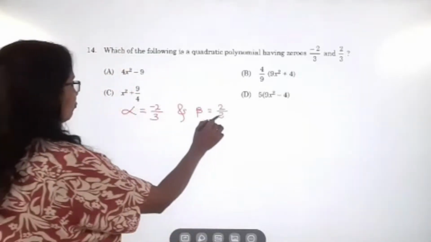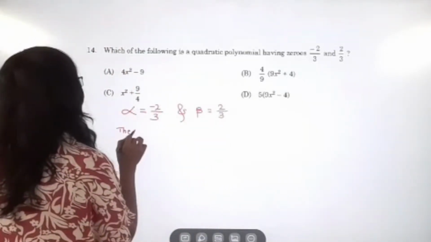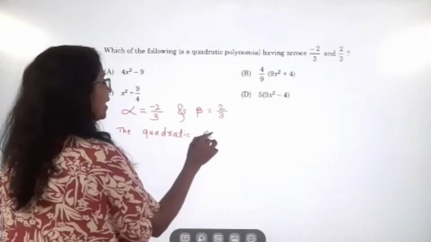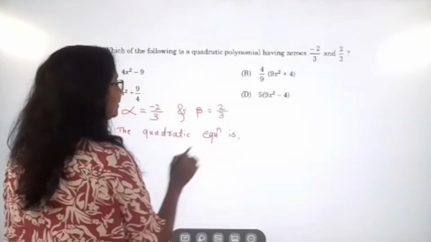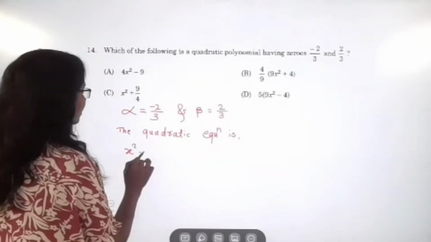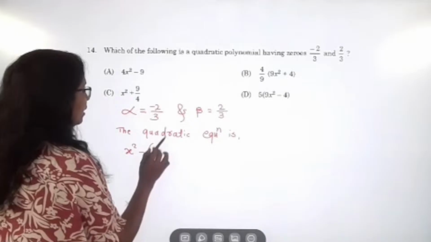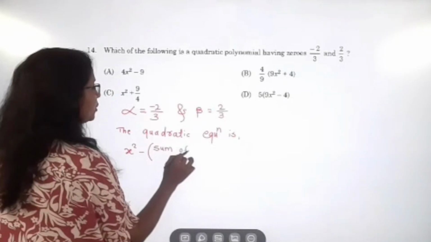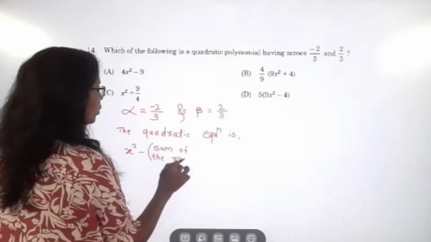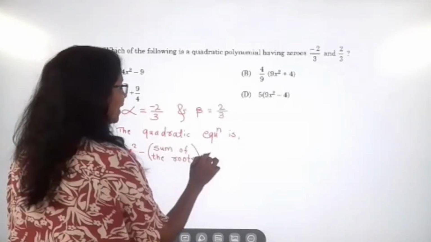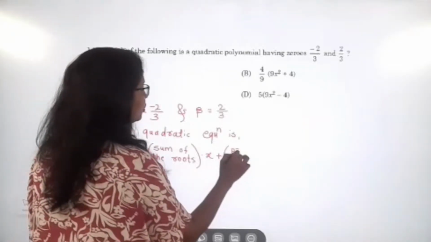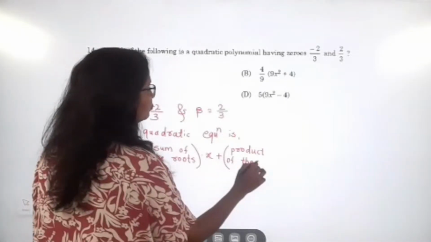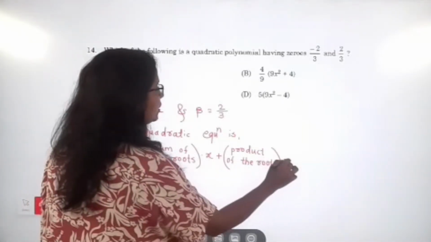So I write that the quadratic equation is x square minus the sum of the roots multiplied by x plus the product of the roots, which is equal to 0.